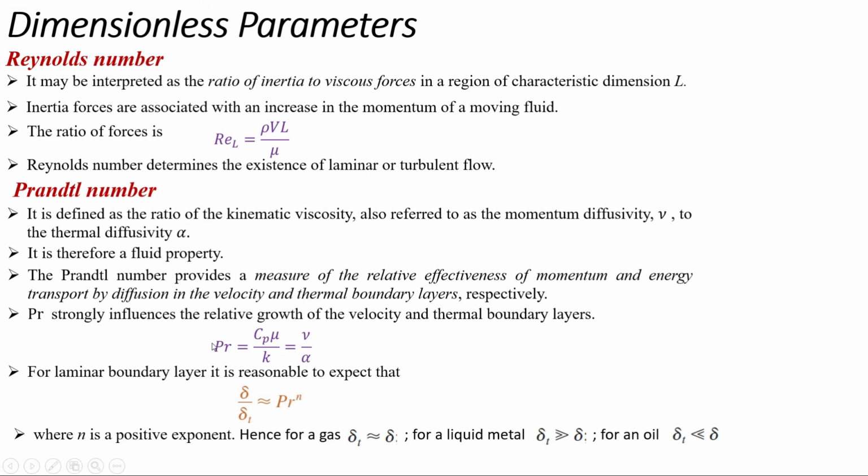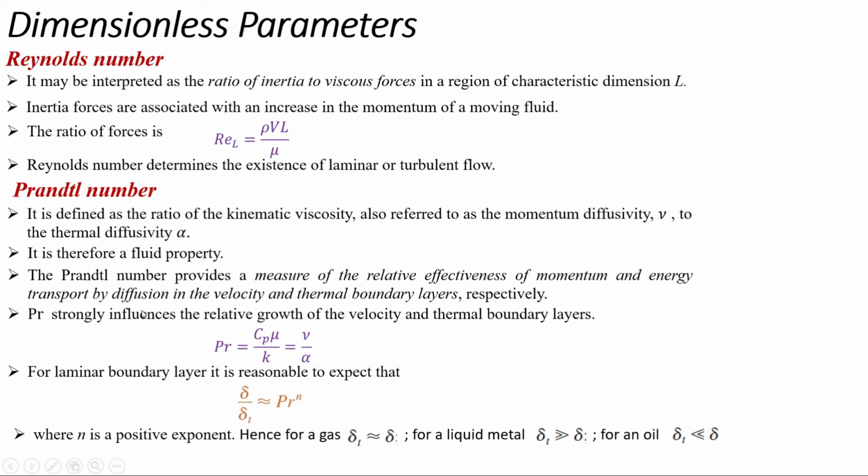So Prandtl number is simply the ratio of kinematic viscosity to the thermal diffusivity, and it is a fluid property, and it provides a measure of relative effectiveness of the momentum and energy transport by diffusion. We will learn in further lectures how it provides this measure.